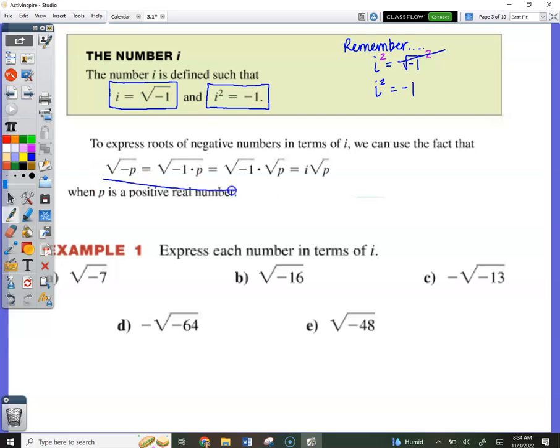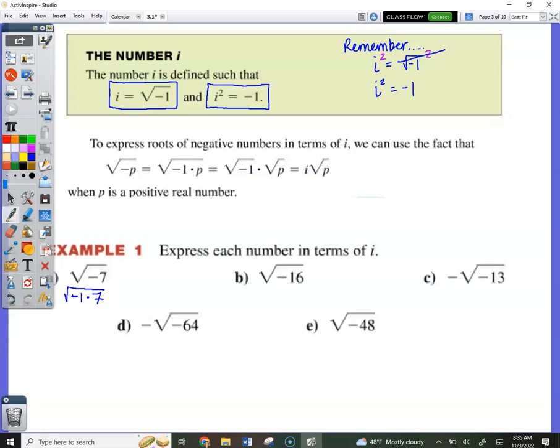This progression of math right here is showing you an example of where someone down the line was like, hey, I really want to take the square root of a negative number, but you can't. And then they said, well, what if I rewrite the negative number as -1 times the positive number?